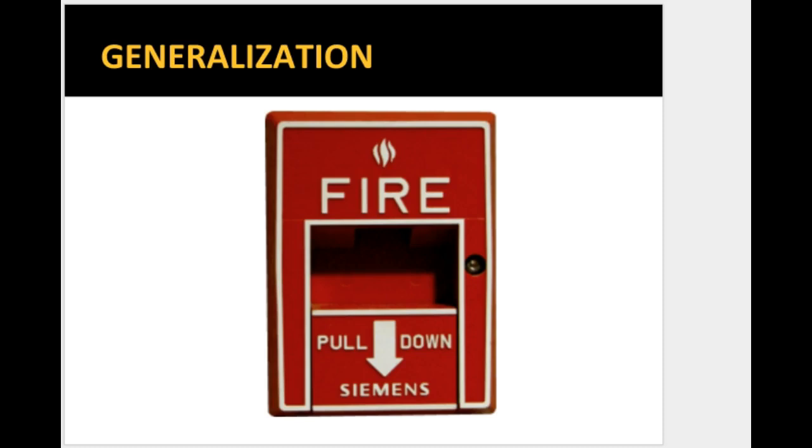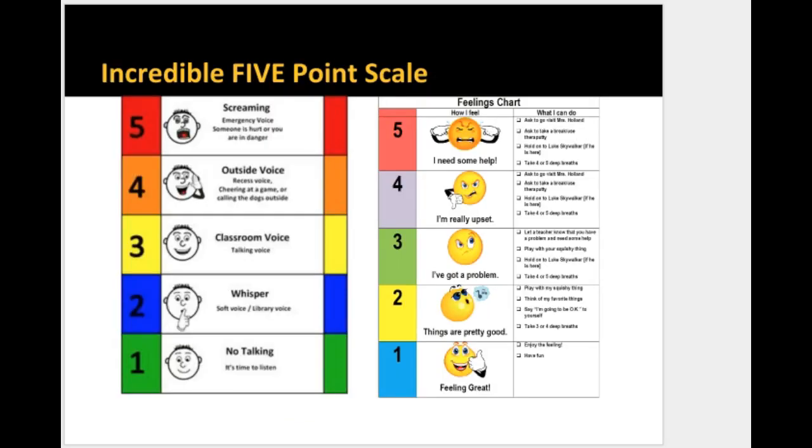Generalization is applying what you've learned in one situation to other similar situations. This is a really cool tool that I use with my kids, not just on the spectrum, but in general. It's called the Incredible 5-Point Scale. The main thing of the scale is these 5 numbers: what's a 1, what's a 2, what's a 3, what's a 4, and what's a 5.